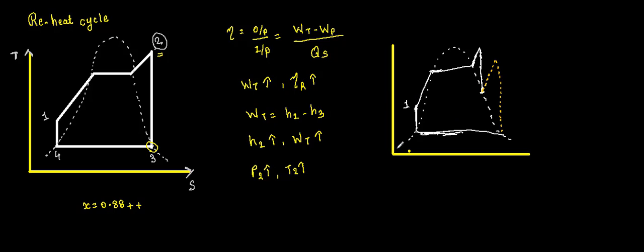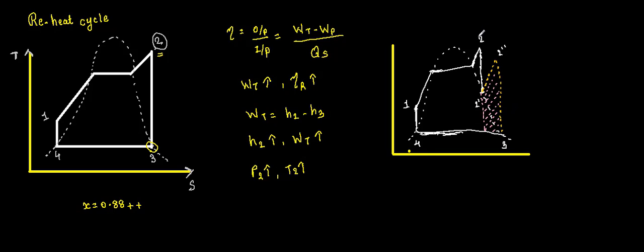So this system now becomes 1 to 2 to 2 dash to 2 double dash to 3 to 4. So how much energy are we getting extra? This much portion of energy we are getting extra.